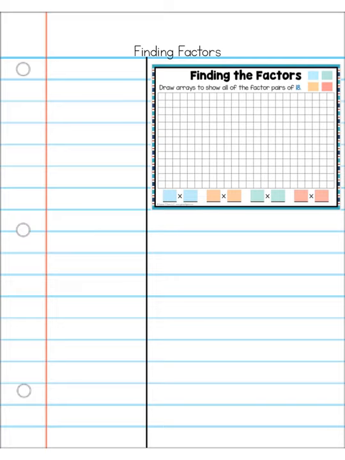So the first thing I know I can do is make one row of 18. And that would be 1 times 18 for the blue. 18 is even, so I know I can also make 2 blocks of 9.